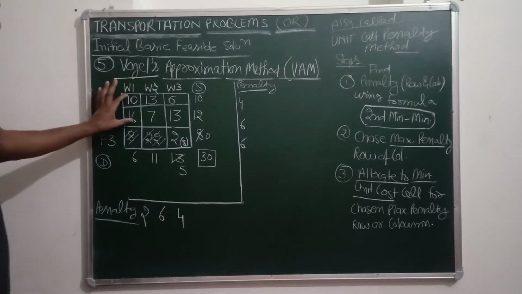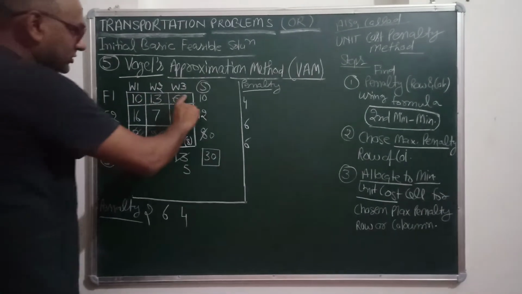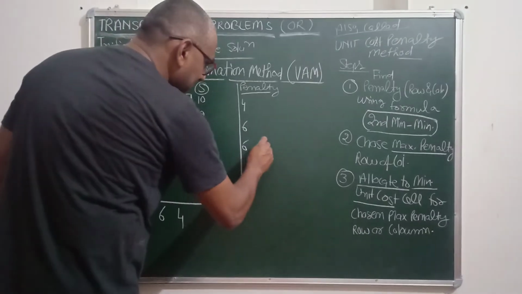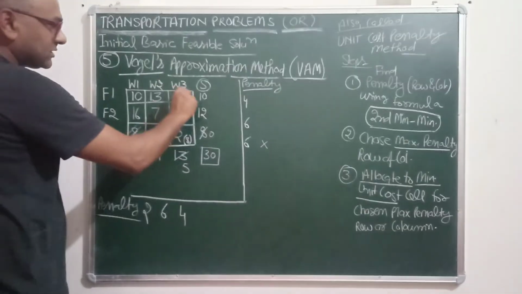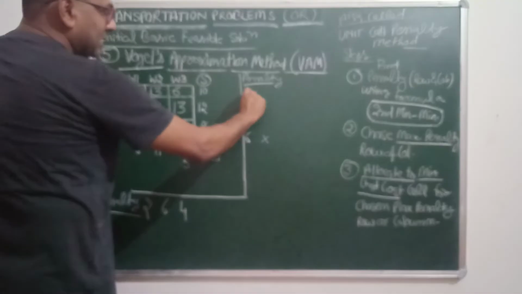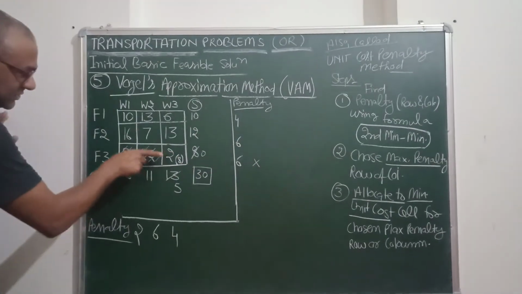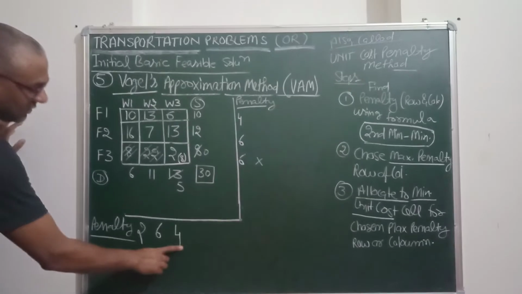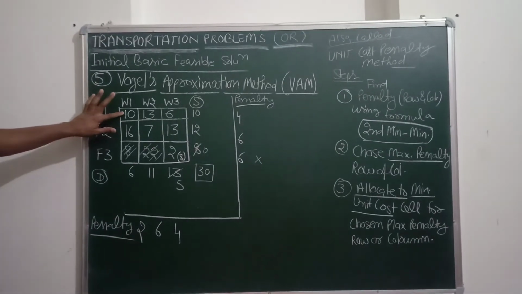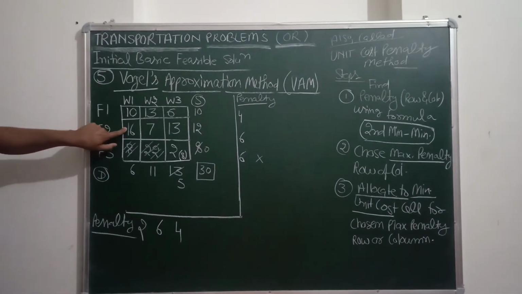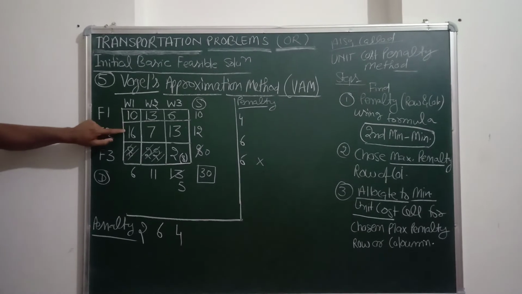So now you will see that there is no change in the penalties here, this cell is now not applicable. So the penalty here will remain again 4 and here remains 6. But there is a change in the penalties under the columns. So here the minimum value is 10, second minimum is 16.